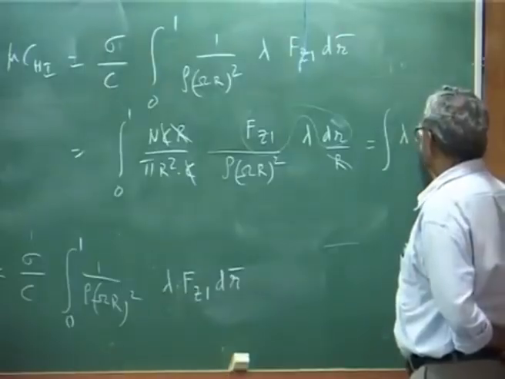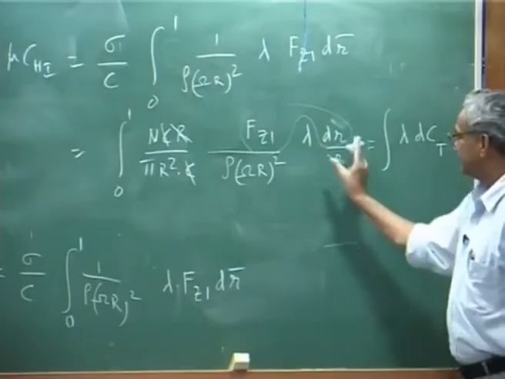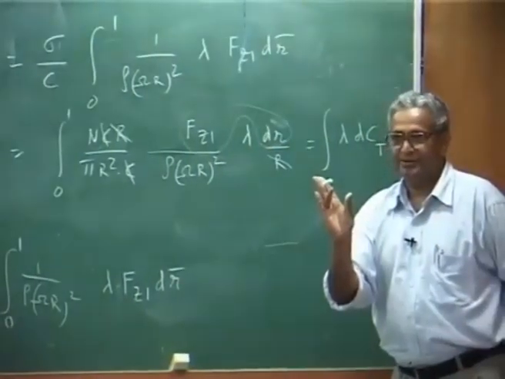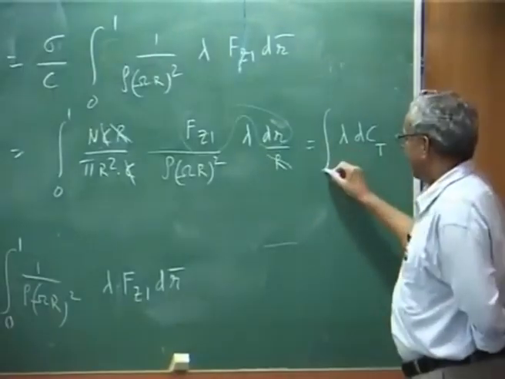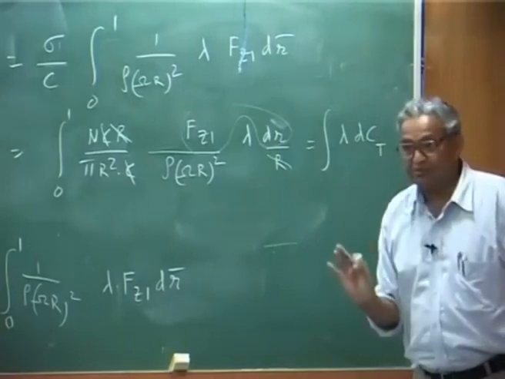lambda d C_T differential. This is a differential force only, a small elemental force, okay. And if you want to do this, you have to do an averaging over the 2 pi.